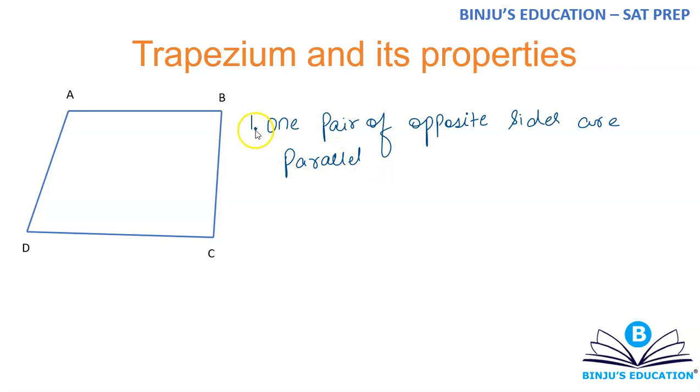That is, in this case, the figure that I have drawn on the screen, I am taking AB to be parallel to CD. So it's simply a quadrilateral whose one pair of opposite sides are parallel, that's it, nothing else.